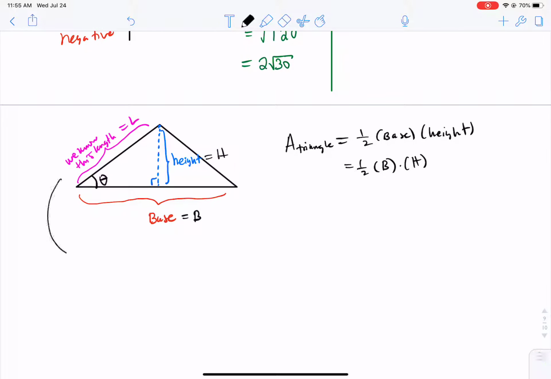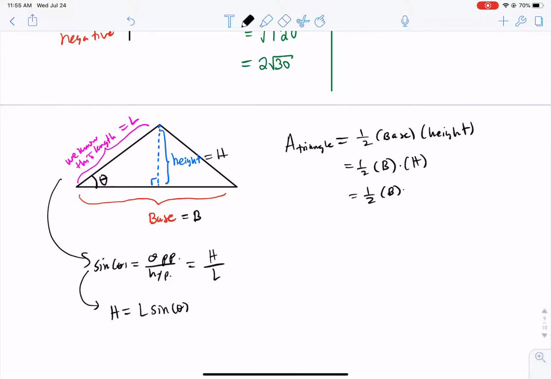Yeah, so sine theta will be opposite over hypotenuse. And by the diagram you drew, opposite is the height, so sine theta equals H divided by L. Because I need H, you multiply both sides by L, and you get this nice result that H is equal to L times sine theta.